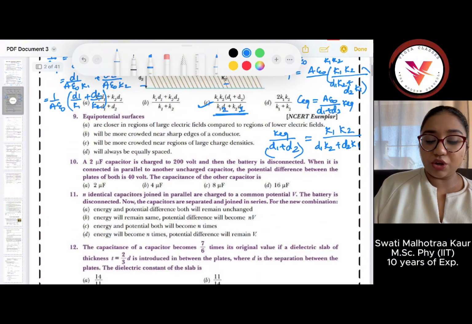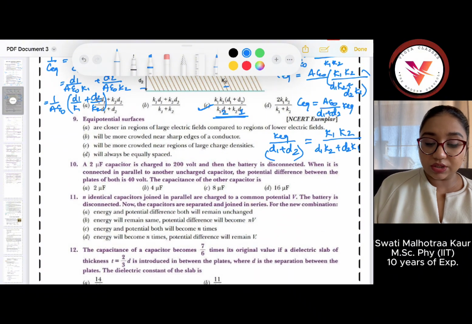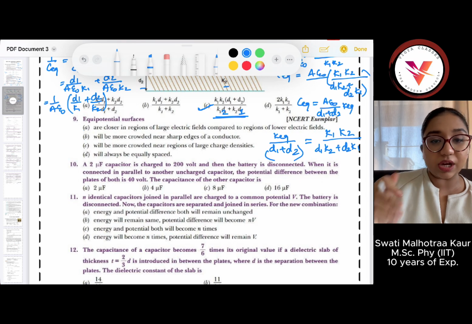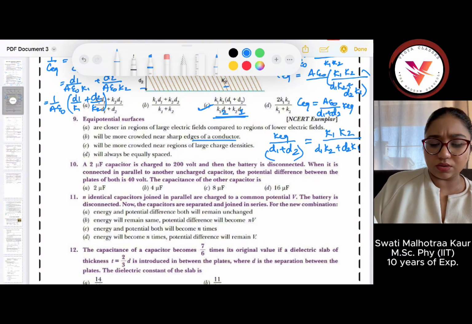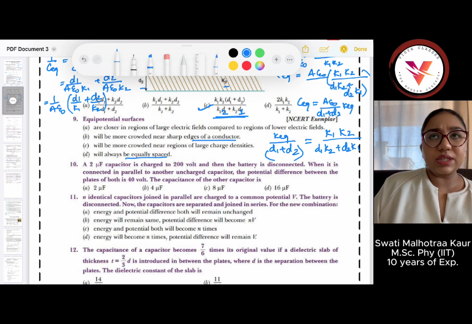Okay. Now, equipotential surfaces are closer in regions of larger electric field compared to regions of lower electric field. Yes. Will be more crowded near sharp edges of conductor. Yes, because the sharp edges of a conductor have high charge density, so high electric field. Will be more crowded near regions of large charge densities. Yes. Will always be equally spaced. No, it is not always equally spaced.